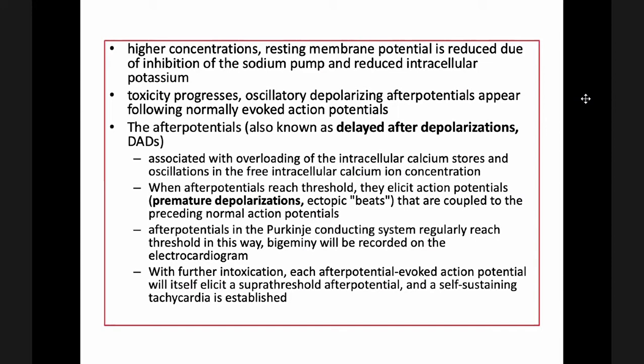With further intoxication, each afterpotential-evoked action potential will itself elicit a suprathreshold afterpotential. So you'll see a self-sustaining tachycardia. This now will cause ventricular tachycardia or even ventricular fibrillation.